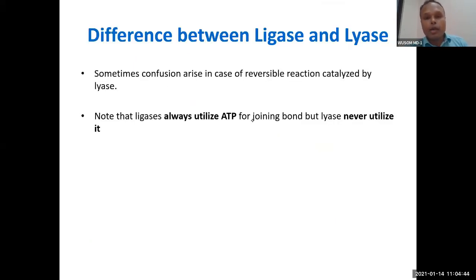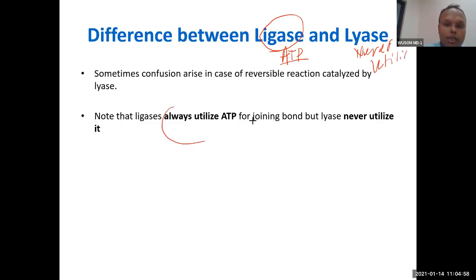What is the difference between lyase and ligase? The very important difference: ligase always utilizes ATP, lyase never utilizes ATP. You got that? Sometimes you can have confusion between ligase and lyase. How?